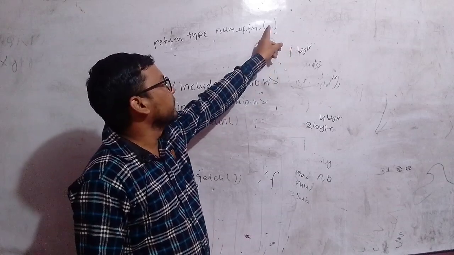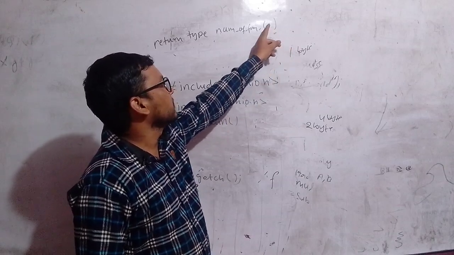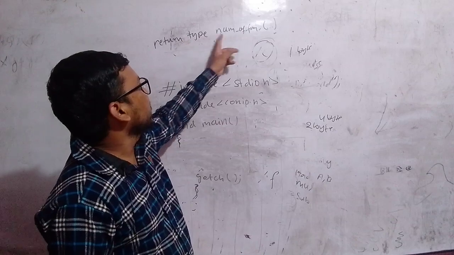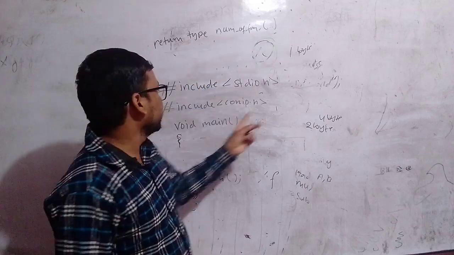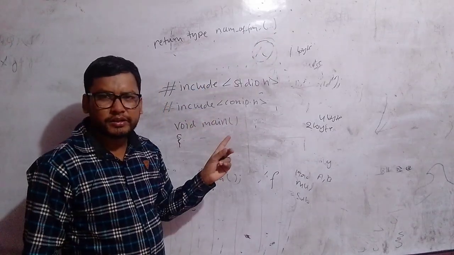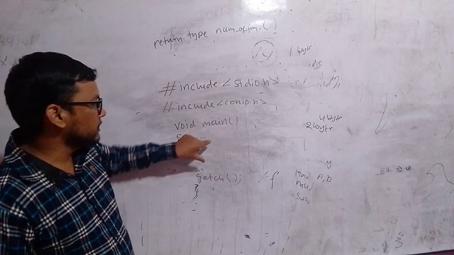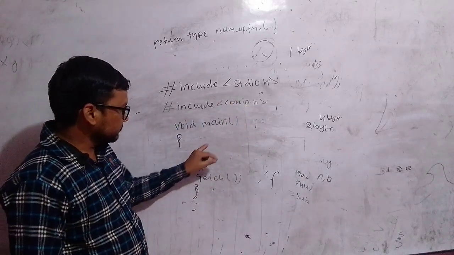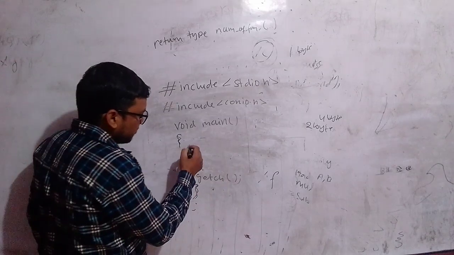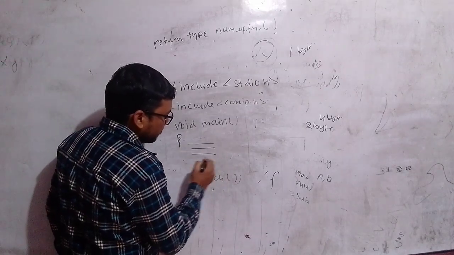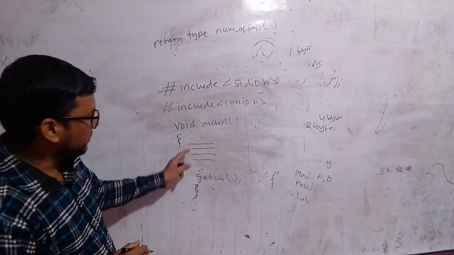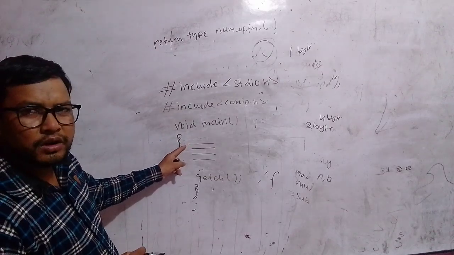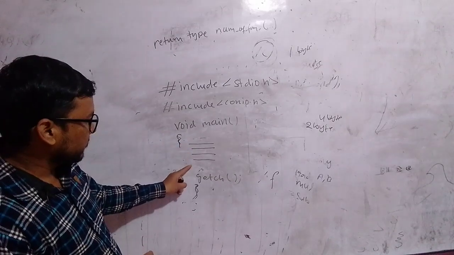We just need to understand a single parenthesis, which is called the parenthesis. Return type, name of the function, and parenthesis. And void means no return type, which means these functions do not return anything. Our main code will go here. We need to write our code here.